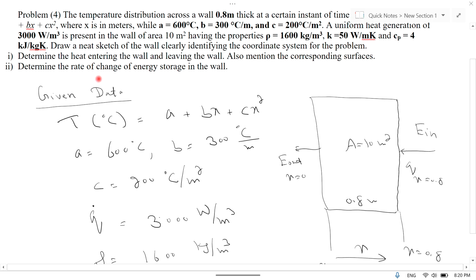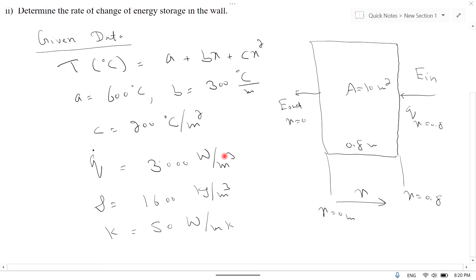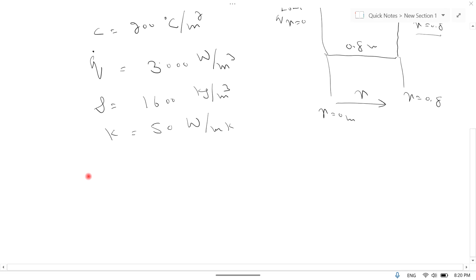Determine the heat entering the wall and leaving the wall, and also mention the corresponding surfaces. This is one surface at x is equal to 0.8 and this is the other surface at x is equal to 0. So required is to find energy in and energy out.